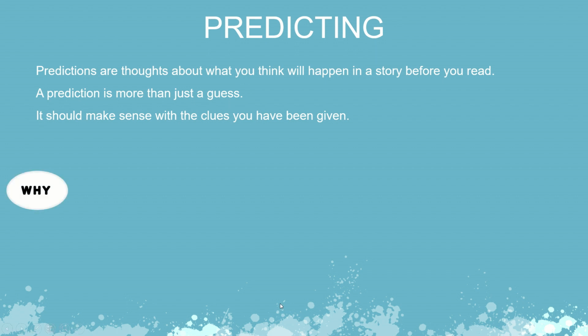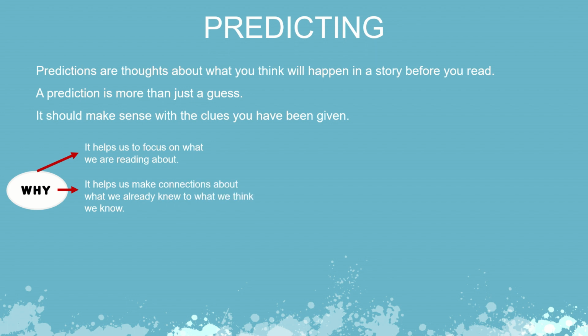And why do we need to predict? Prediction helps us to focus on what we are reading about. If we guess what the text will be, we will be focused on what we are reading about. And it helps us make connections between what we already know and what we think we know. Well, okay, you might know something about dinosaurs.